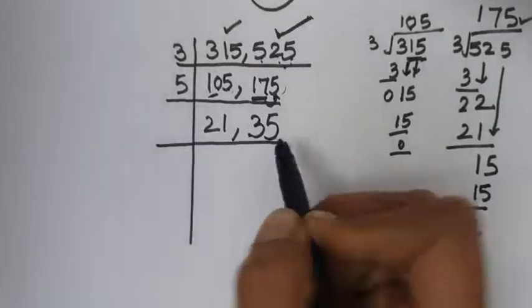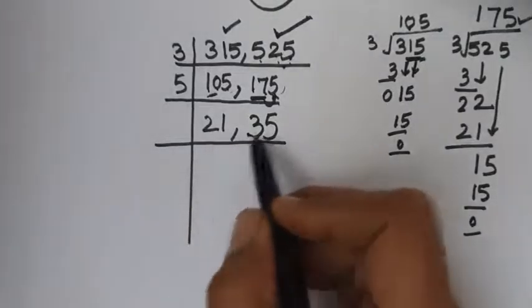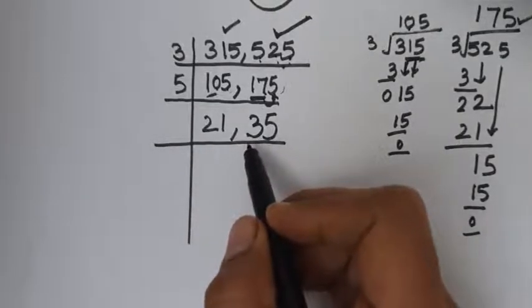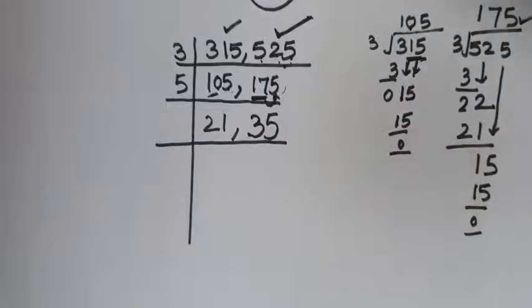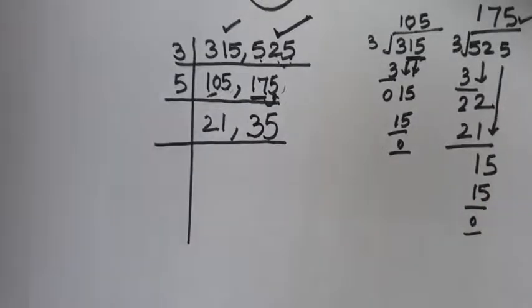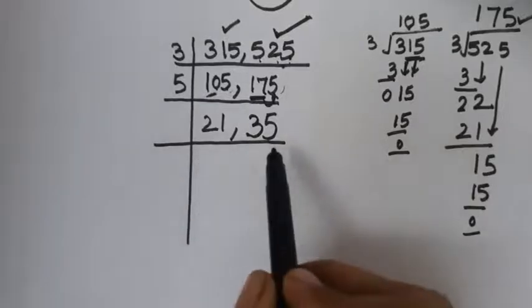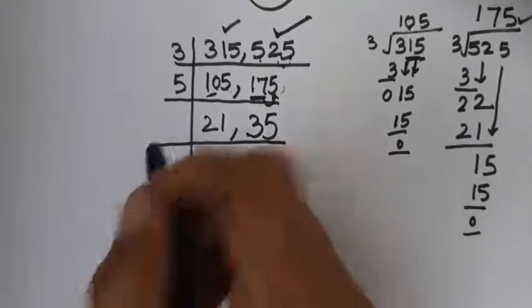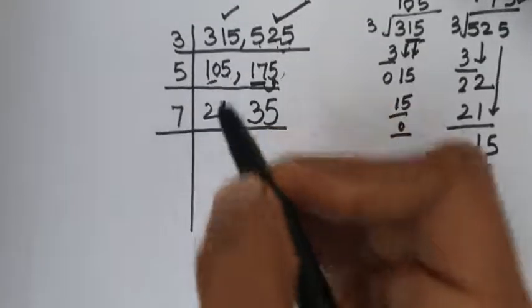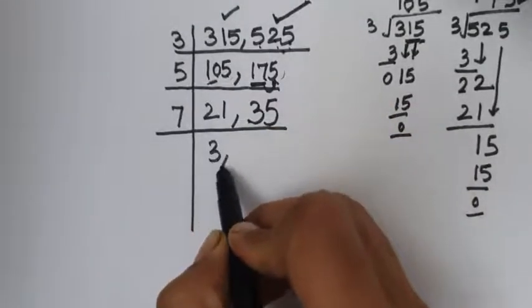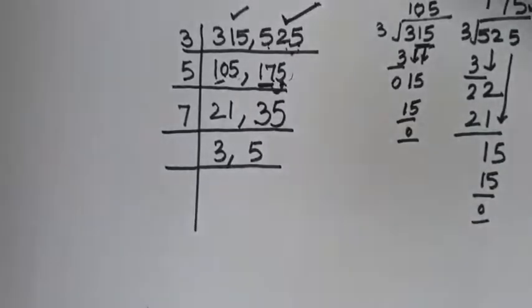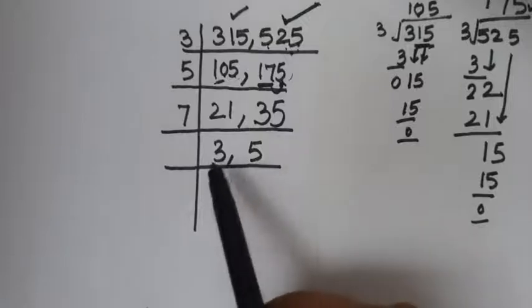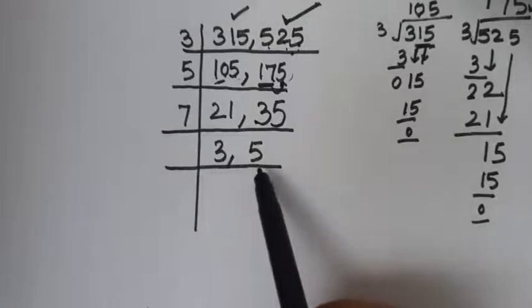Now next. In which table do both the numbers come? Yes, think. Now students, listen carefully. They both come in the table of 7. So I will write 7 here. 7 3 is 21. 7 5 is 35. Now children, these two numbers don't come in one table.